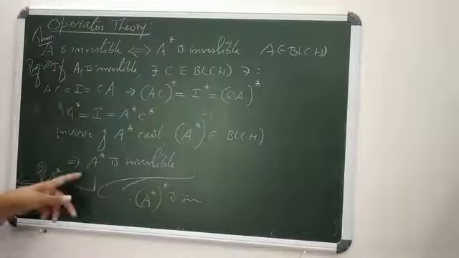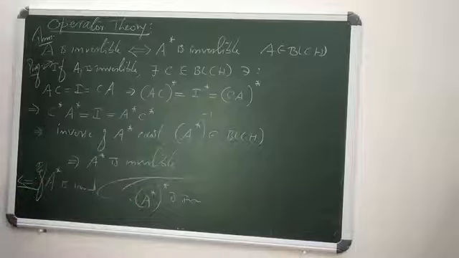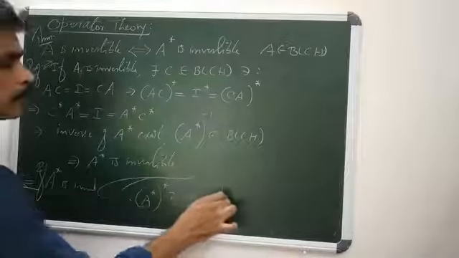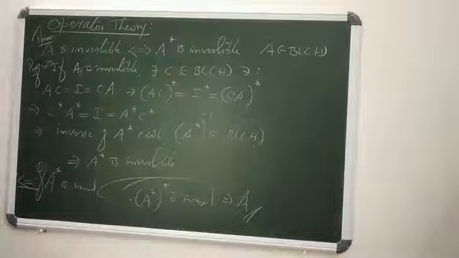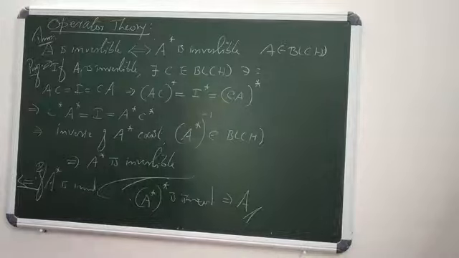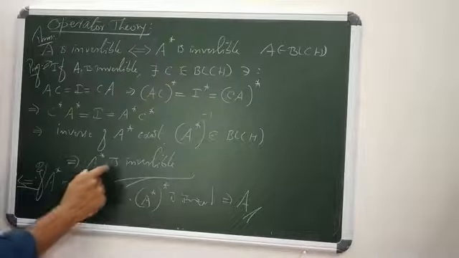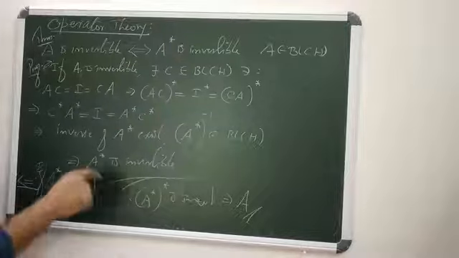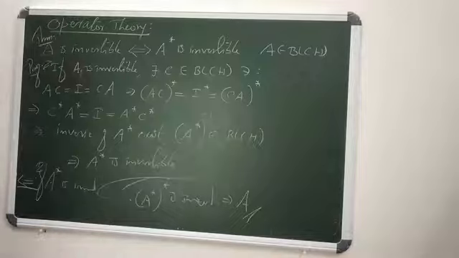So by using that argument, when A star is invertible, its adjoint, that is A star star, is invertible. A star star means A, that is, A is invertible. Here A star is invertible, so its adjoint A star star is also invertible. But we know A star star is A, so A is invertible. Okay.